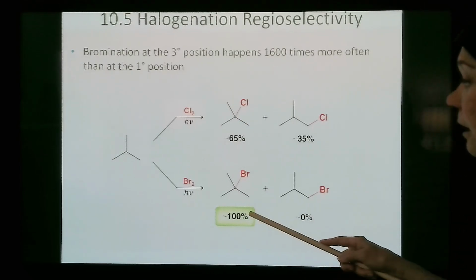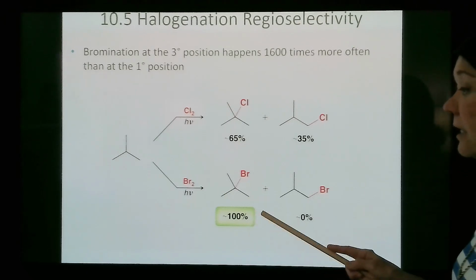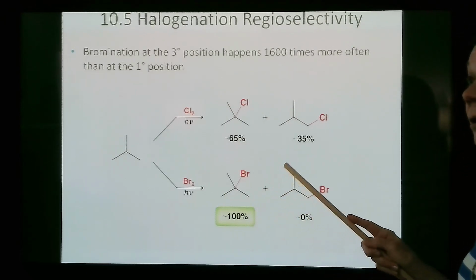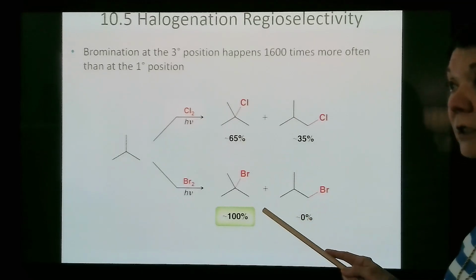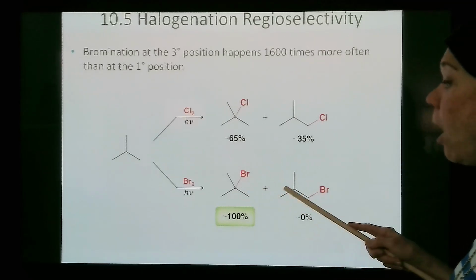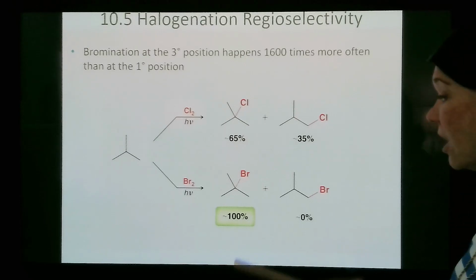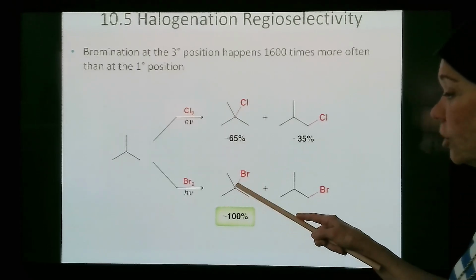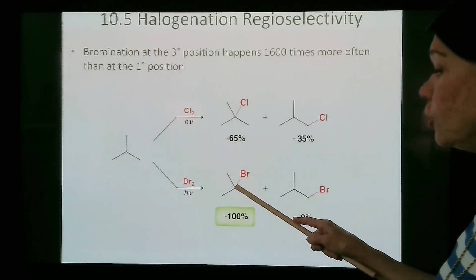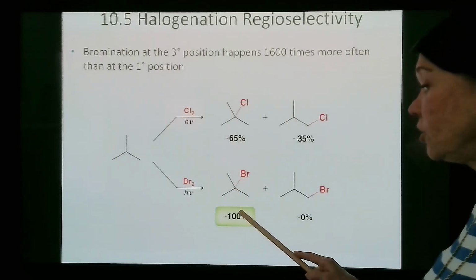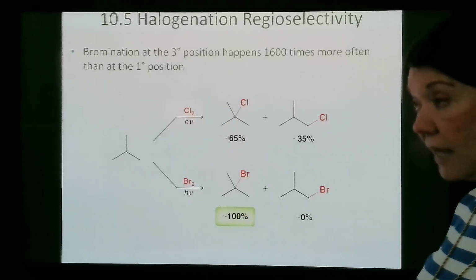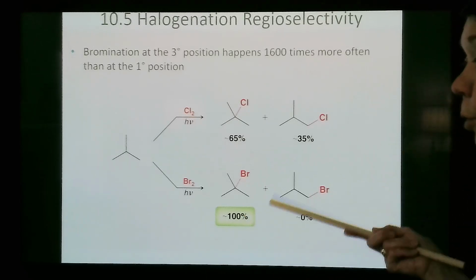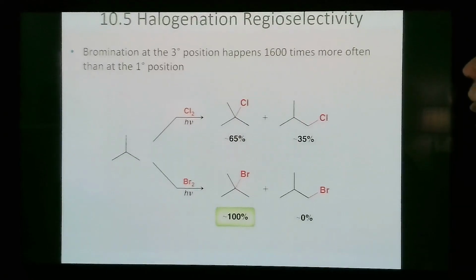But look down here. For bromination, this is a much lower energy process. It just doesn't have enough energy to get over both of those energy hills. So it's just barely got enough energy to eke over the energy hill that's required to get bromination at this tertiary position. And so you get exclusively bromination at the tertiary position. So that explains the regioselectivity.